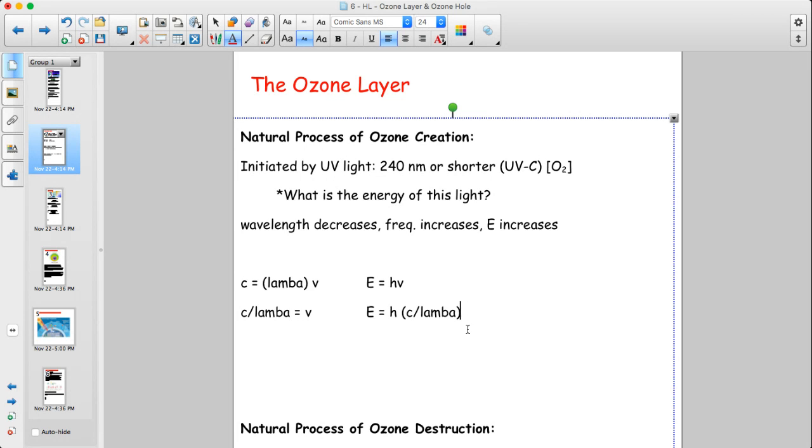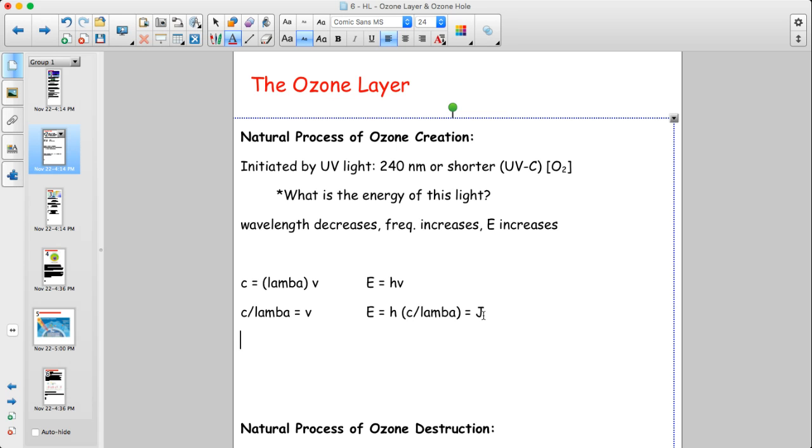And so if I plug these things in, I'm going to get an energy value out. It's going to be an energy in joules, and it's going to be the energy required essentially to break one bond, one O to O bond. So it'll be a very, very tiny energy.